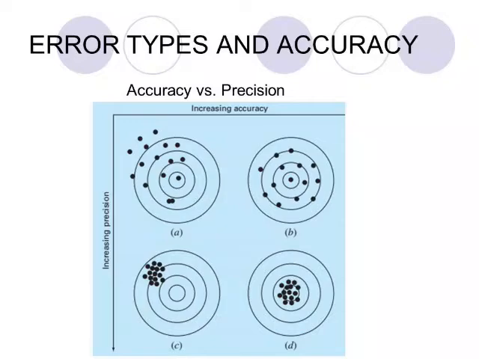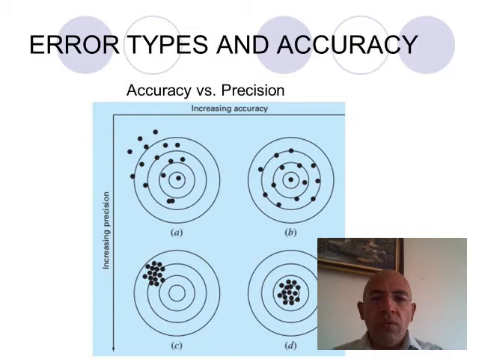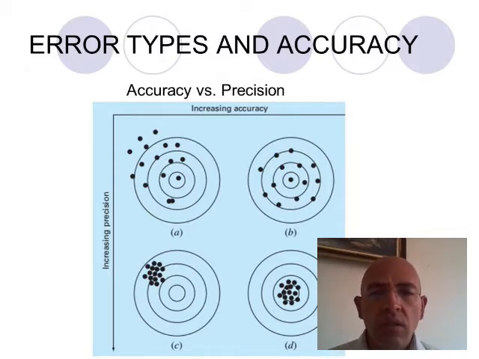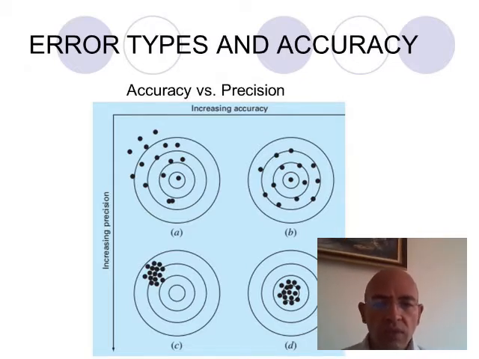Okay, so let's continue with our new topic, error types and accuracy. Now, we have seen the computer structures, the physical side, and how code works on a computer.